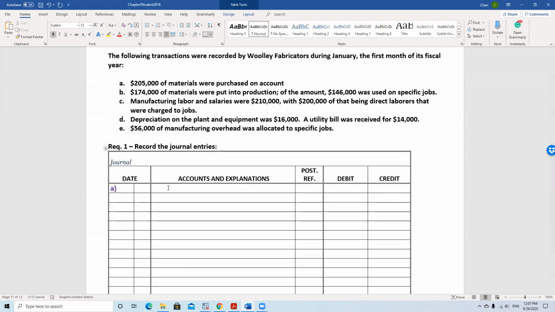So A, what happened? This amount of material was purchased on account. So when you purchase material, you have a debit of raw material inventory, and you have a credit of accounts payable. And the amount is 205.